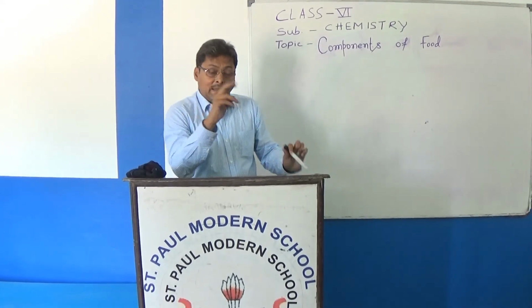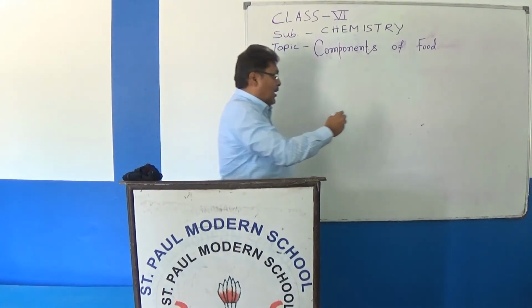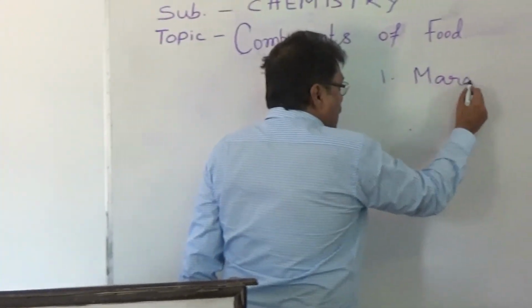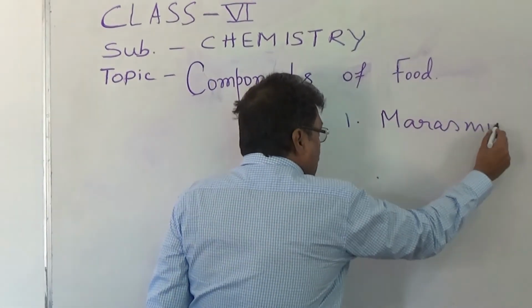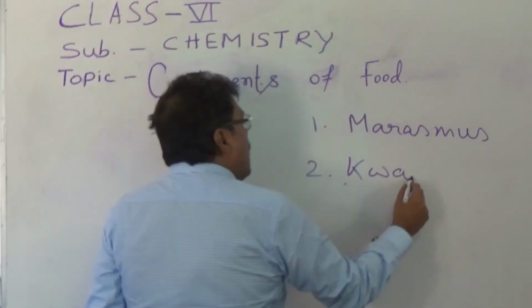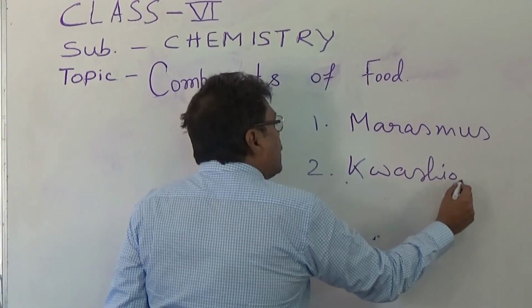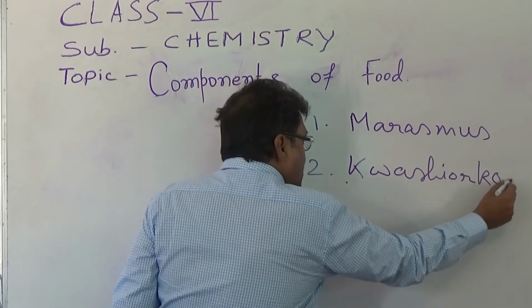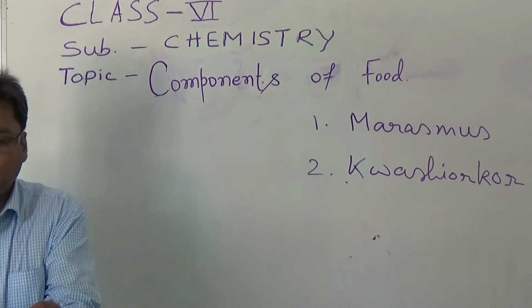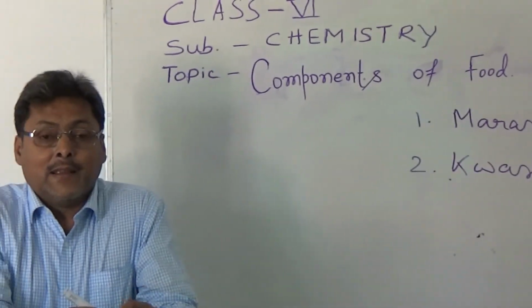Two deficiency diseases especially we will mention. One is marasmus, and the second is kwashiorkor. These two diseases we will discuss in a little bit with the slide.